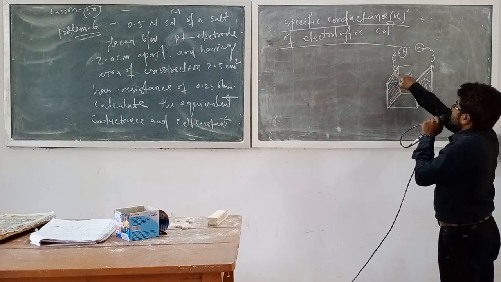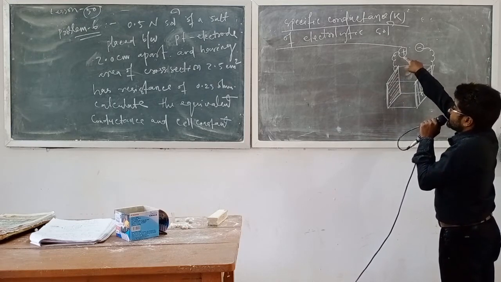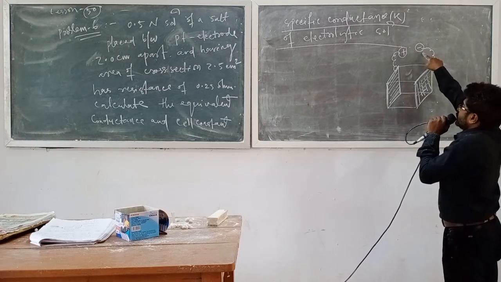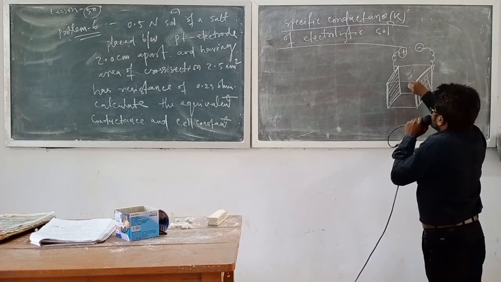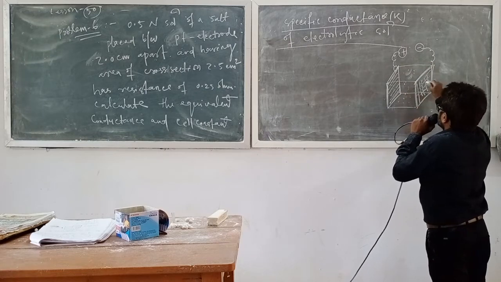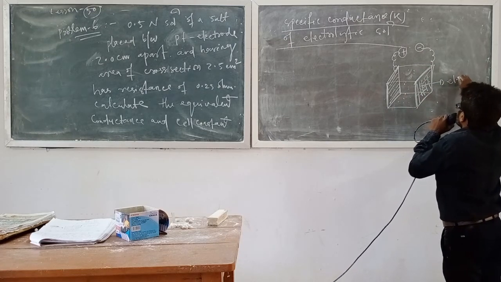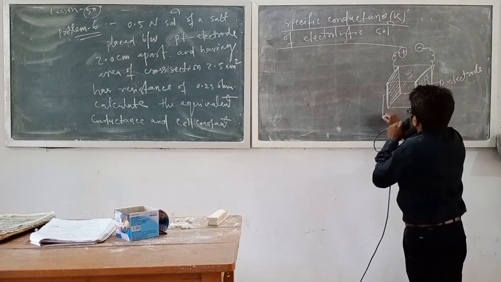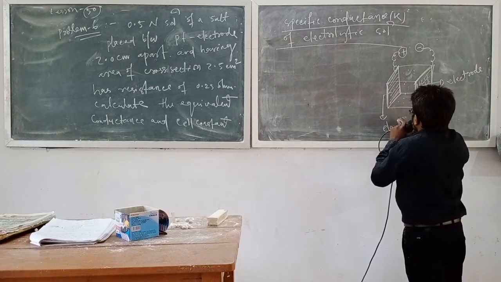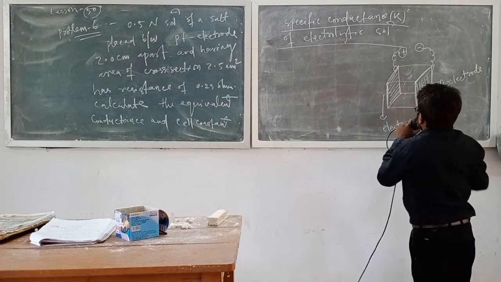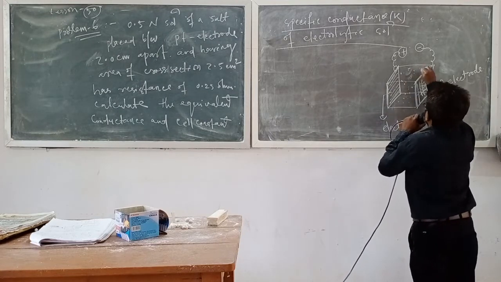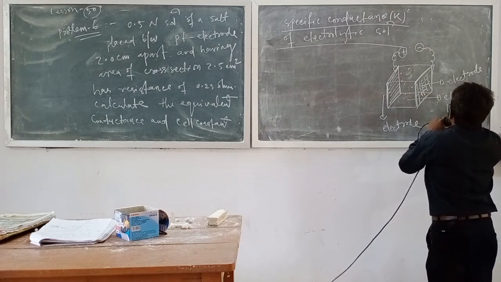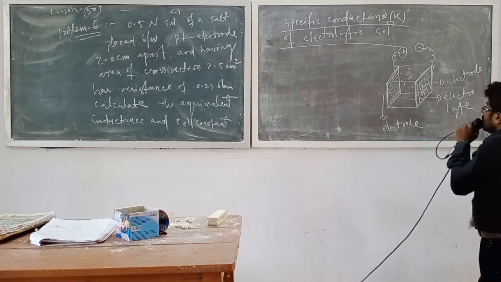One electrode is attached to the positive end of the battery, the second electrode attached to the negative end of the battery, and suppose these are the electrolytes.